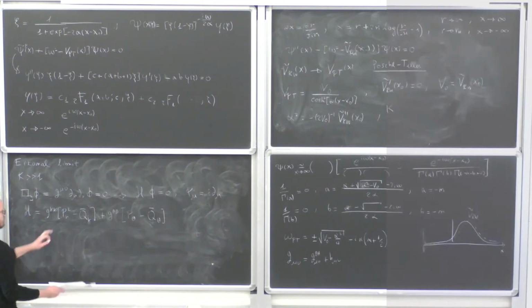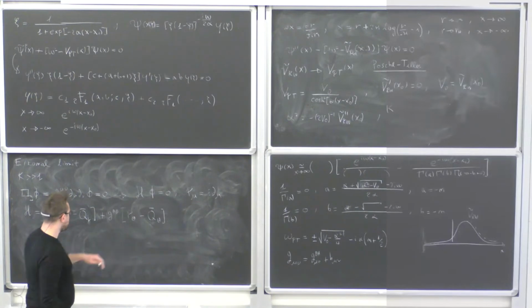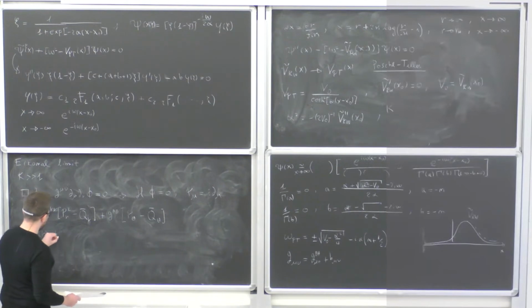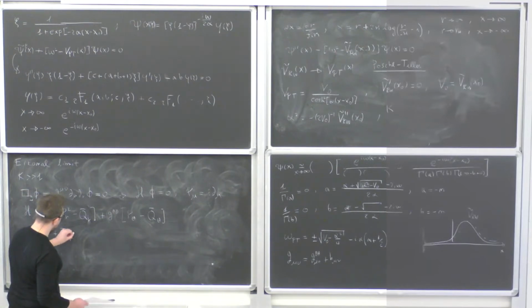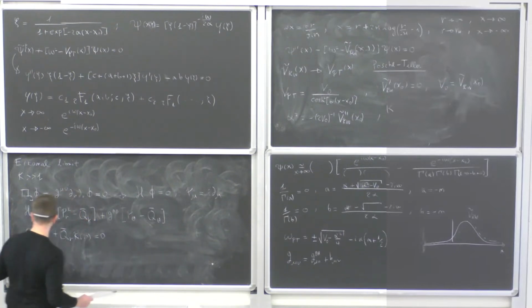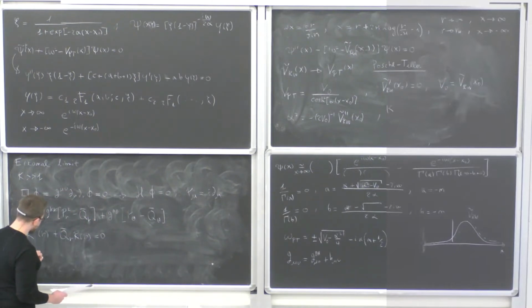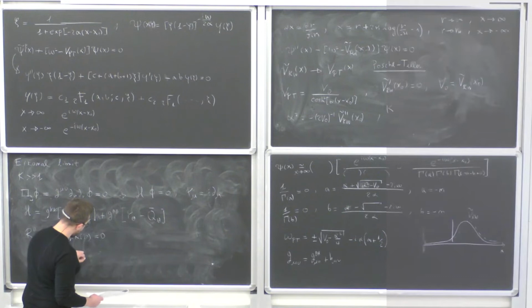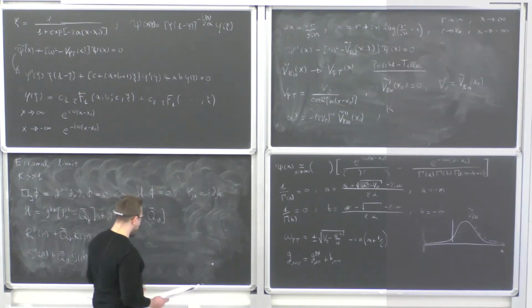So you are acting with this on phi, and you will have two differential equations in canonical form.